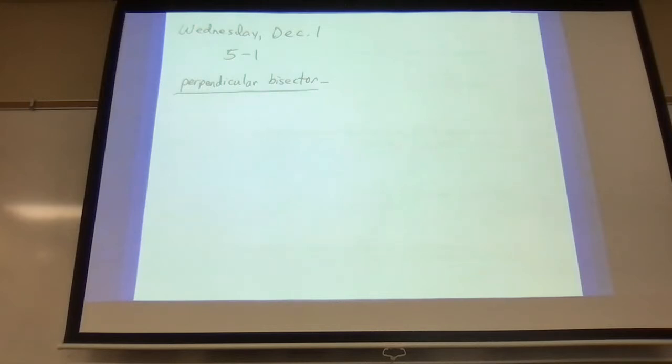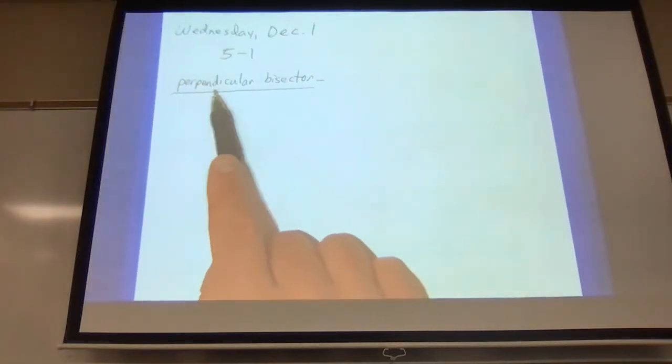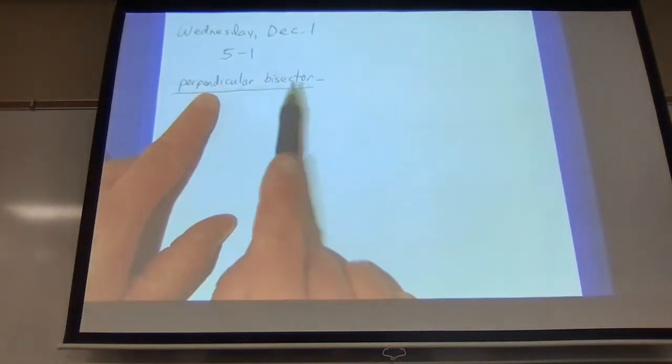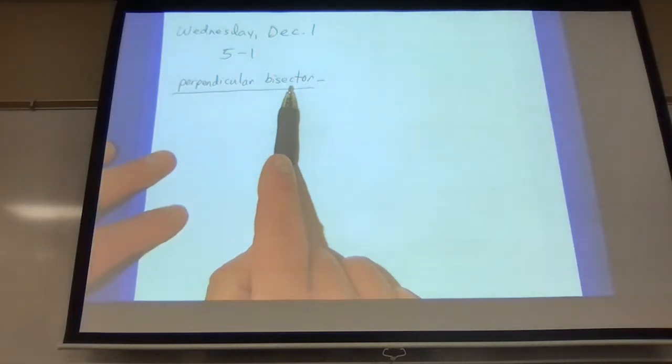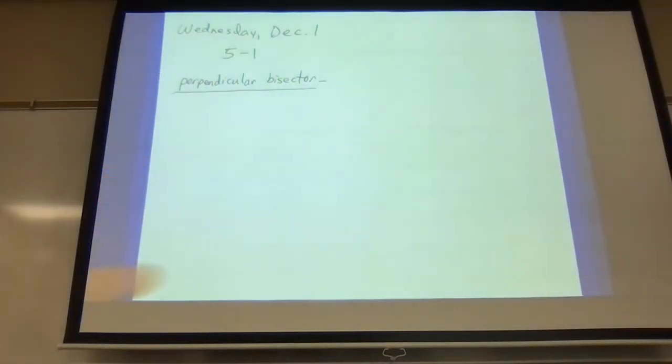But even if we haven't, we can kind of put together what's going to be happening here. We know these two words, perpendicular and bisector. Perpendicular, when you have perpendicular lines, what happens where they intersect? They're going to make right angles. So perpendicular is going to give us right angles. And then you have a bisector. What's a bisector do? Cuts it in half. So we're going to split something in half. The thing we're going to cut in half is a segment.